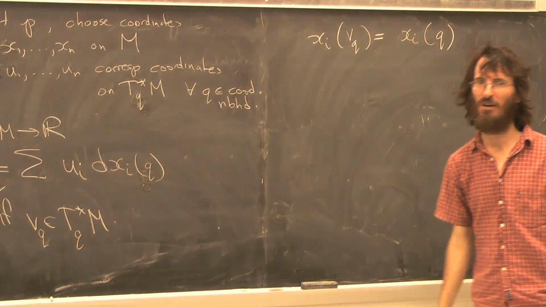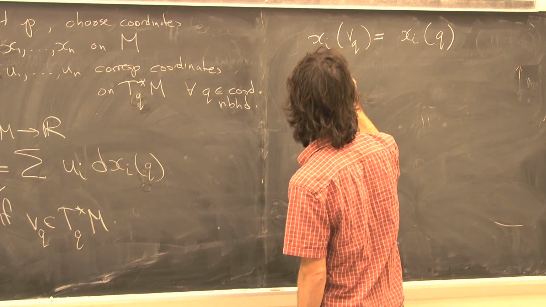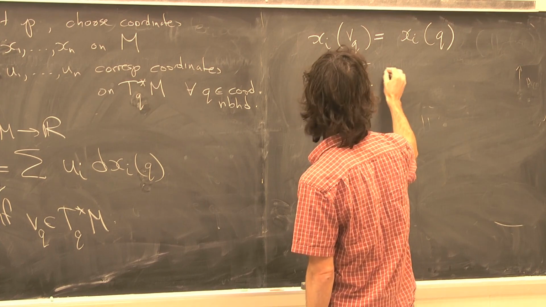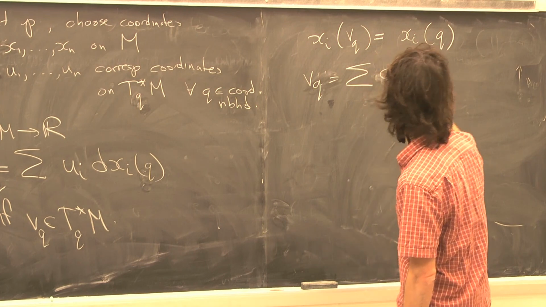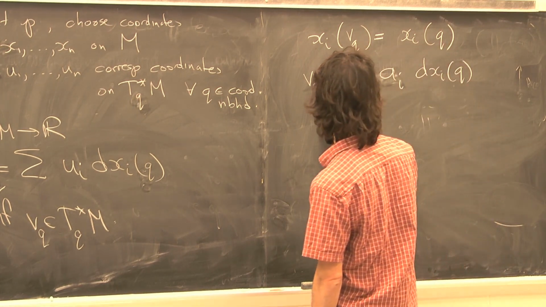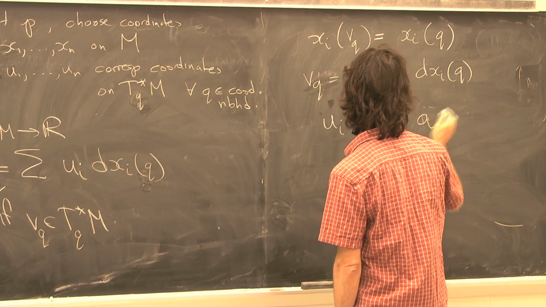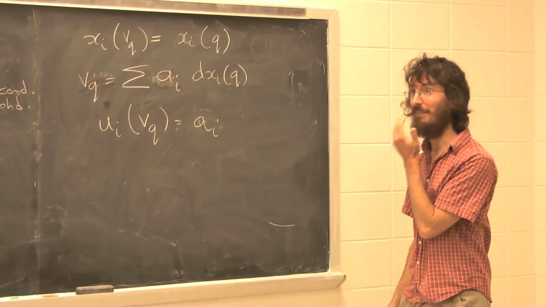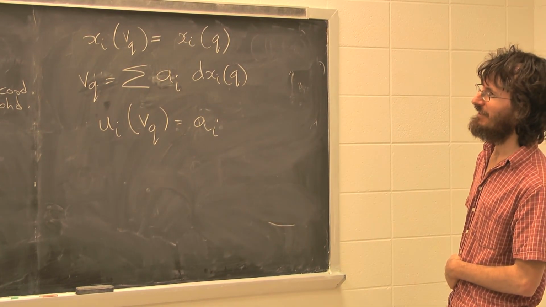That's just forgetting the vector part, just where you are in the manifold. And if I write v_q as the sum of a_i times dx_i at q, then u_i of the vector v_q is this number a_i. So they're just the coordinates that pick up the coefficients. You don't have to do all that, but it's worth spelling out.